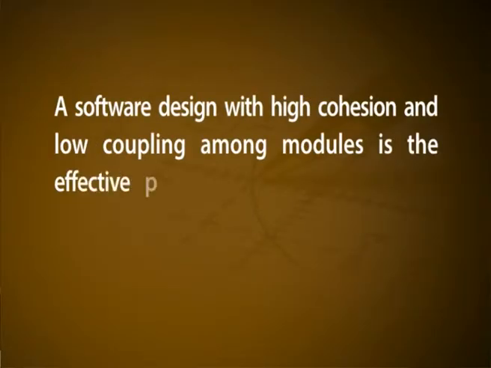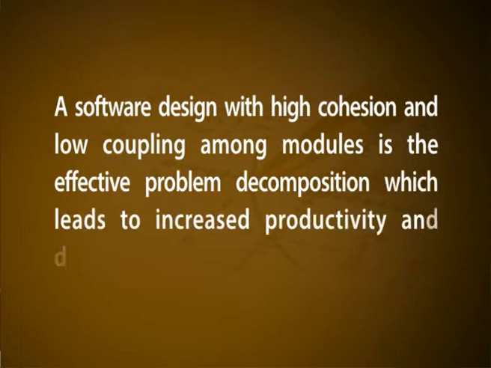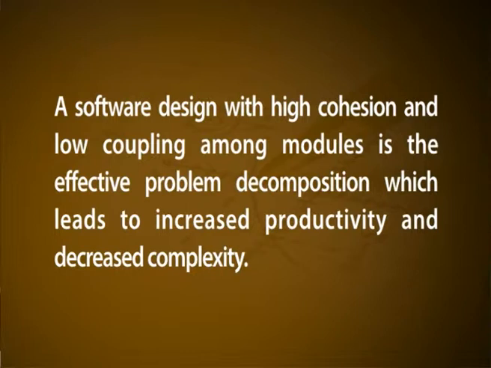A design solution is said to be highly modular if the different modules in the solution have high cohesion and their inter-module couplings are low. A software design with high cohesion and low coupling among modules is an effective problem decomposition, which leads to increased productivity and decreased complexity.